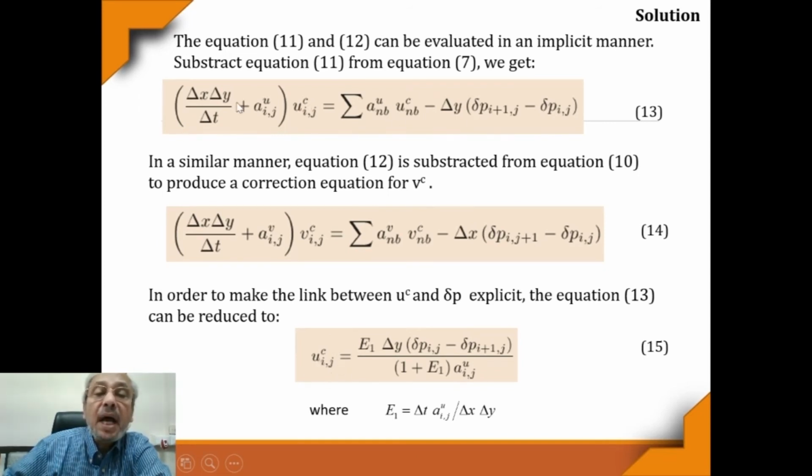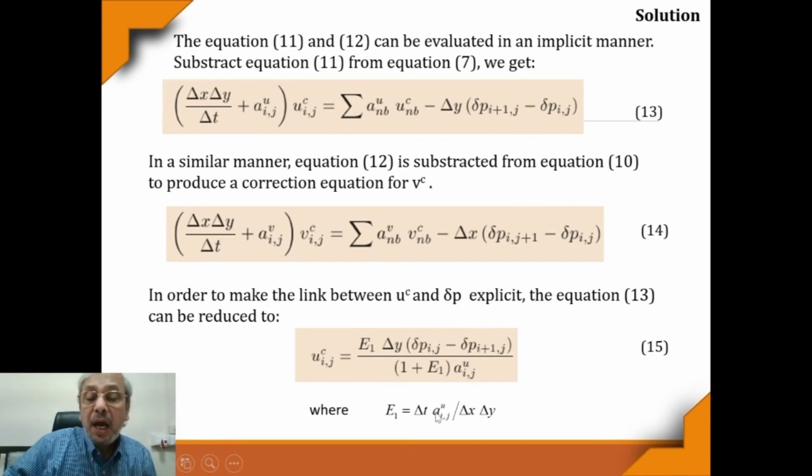Simply, we neglect these and express u_ij^c as the right-hand side divided by its coefficient on the left-hand side. And after some algebraic rearrangement, we get this expression: E1 into delta y, delta p_ij minus delta p_i+1,j, divided by 1 plus E1 a_ij^u, that is the coefficient of the u_ij correction.